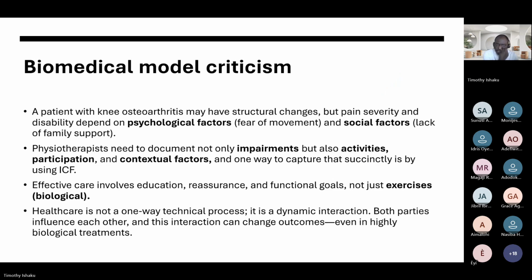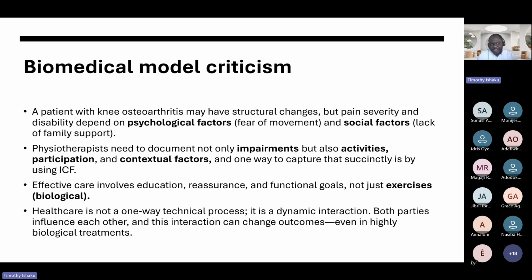And take, for example, just to give an example on this last point on the biomedical model, a patient with knee osteoarthritis may have the structural changes such as the narrowing of joint spaces, osteophytic changes, bony outgrowth.